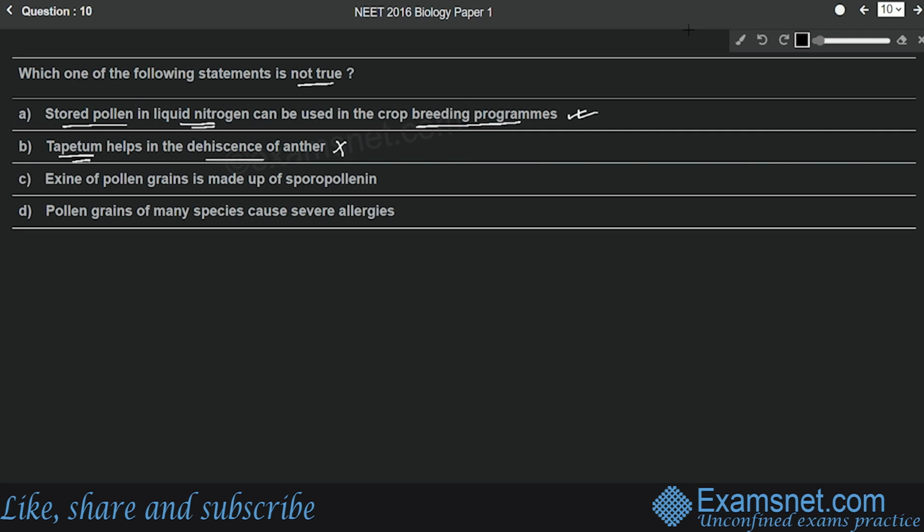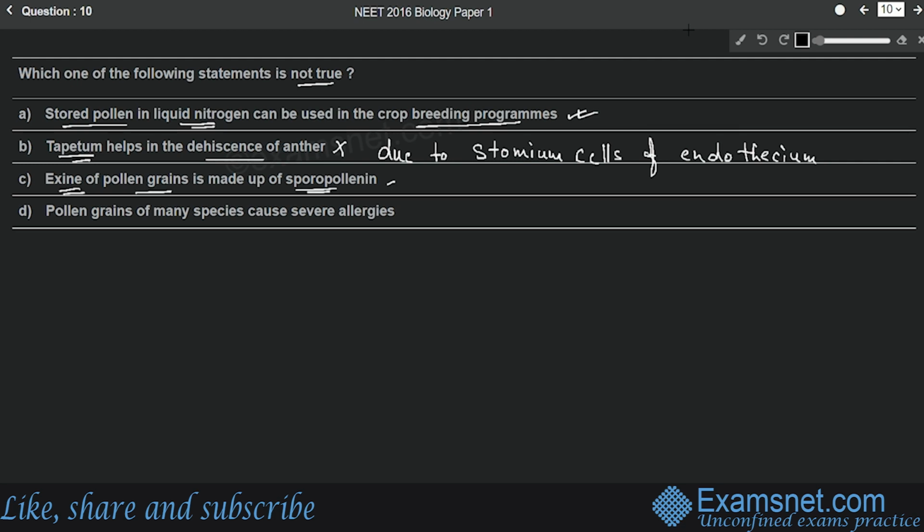Now this is not a correct statement because we know that the dehiscence of anther is not due to tapetum. Instead, it is due to the stomium cells of endothecium. Okay, due to stomium cells of endothecium, not the tapetum. Third statement says exine of pollen grains is made up of sporopollenin.